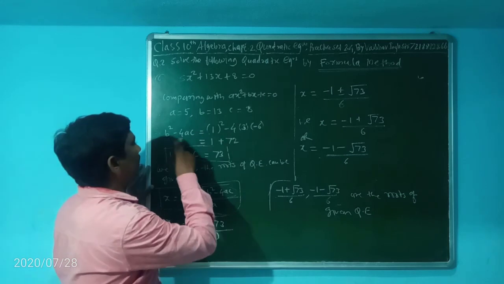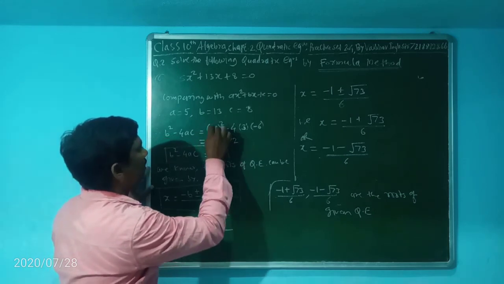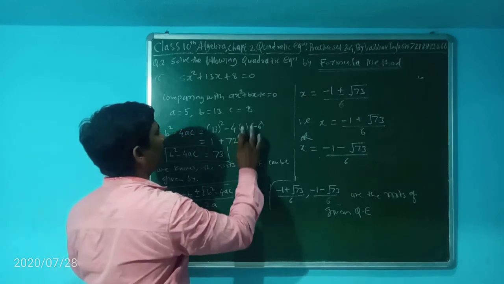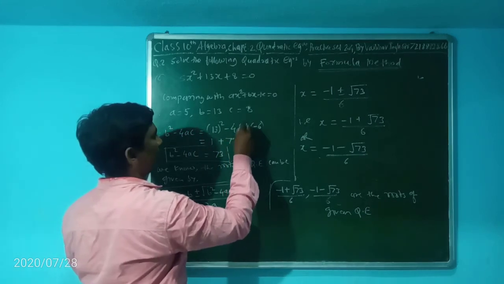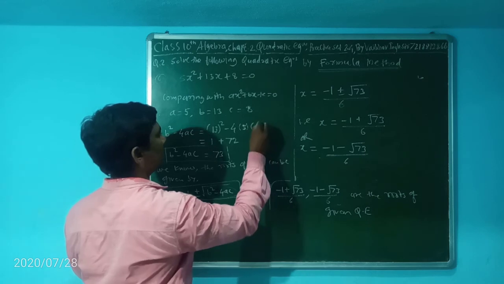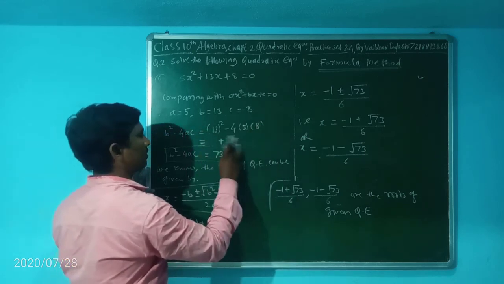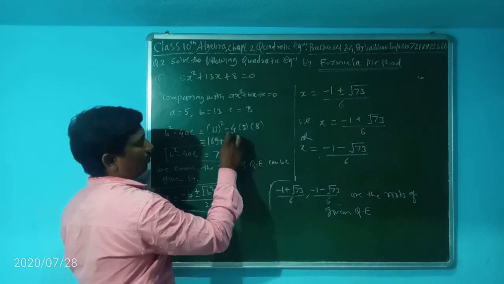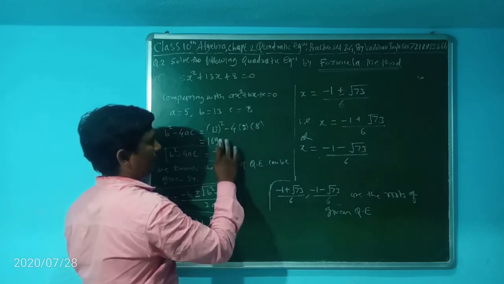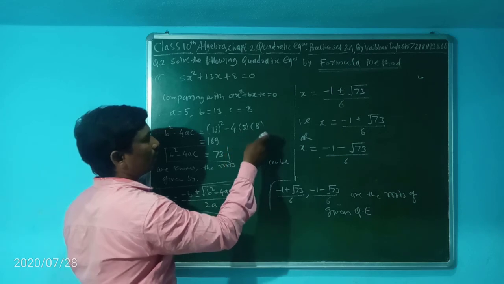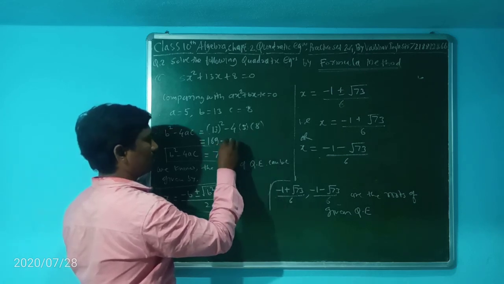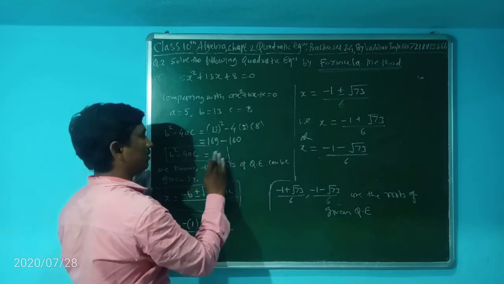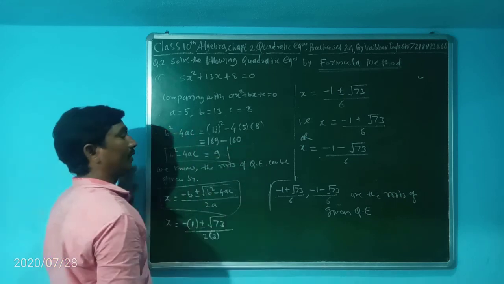Then find the value of b square minus 4ac. b is 13, minus 4 into a is 5 and c is 8. So if you solve this, the square of 13 is 169, 4 into 5 that is 20, 20 into 8 that is 160. So 169 minus 160, that is 9 only.